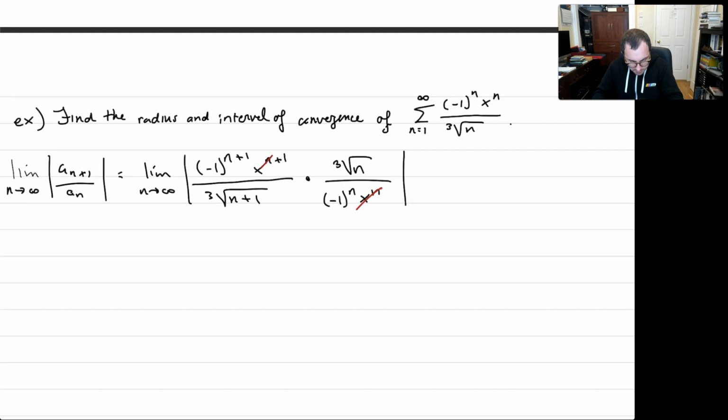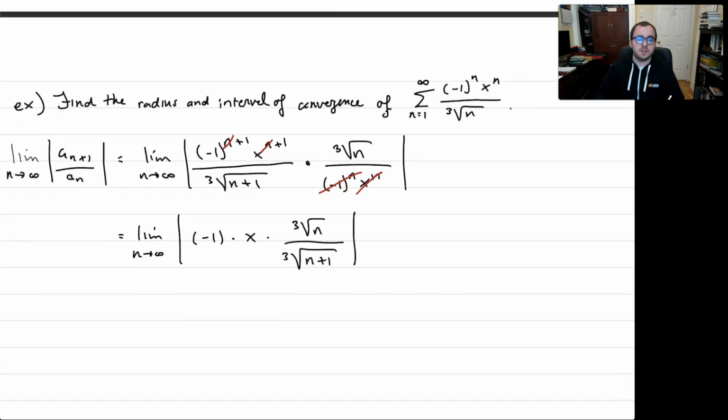We're also able to cancel this negative 1 to the n. And now let's rewrite this. We have the negative 1 here. We have the x here. And we also have the cubed root of n divided by the cubed root of n plus 1.